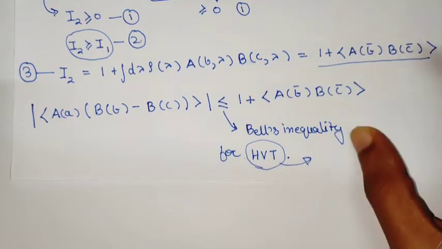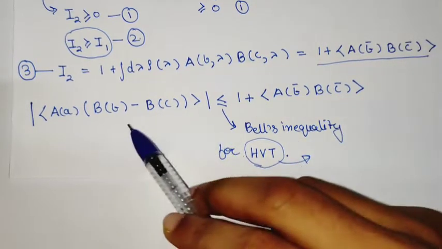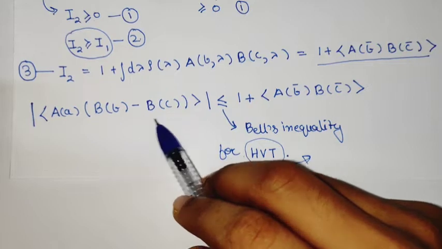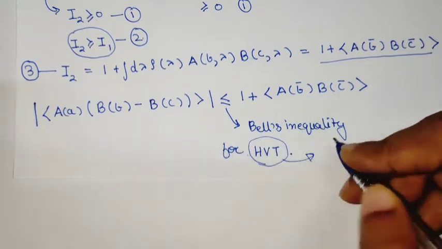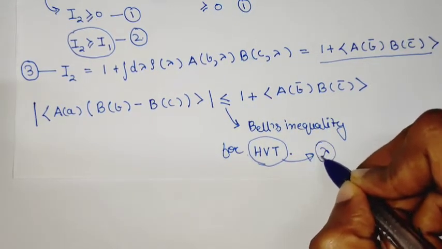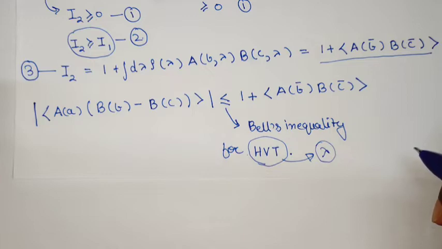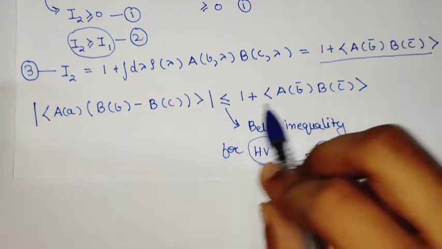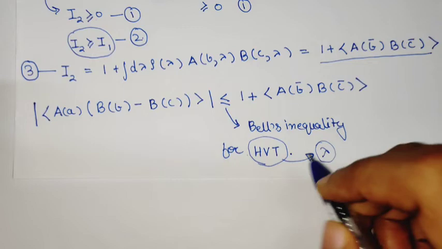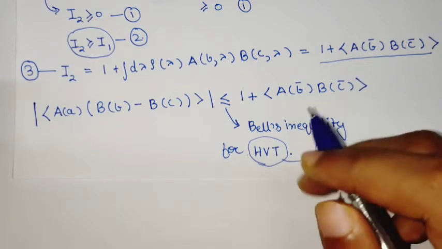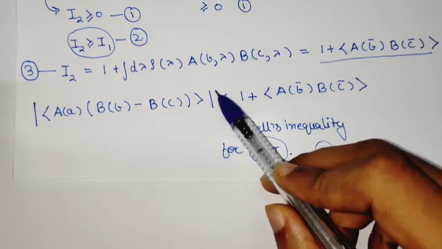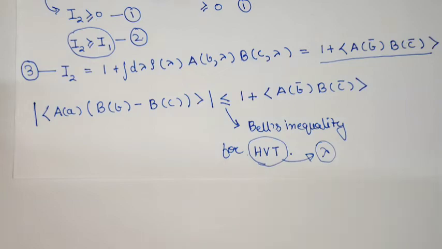But the point is, quantum mechanics doesn't follow this. You see, to derive this inequality, notions of lambda, which is a part of hidden variable theory, have gone inside. And so this is an inequality in hidden variable theory formalism. Now we can simply try to check whether this inequality holds in the quantum mechanic formalism or not. So that's what we will see now.